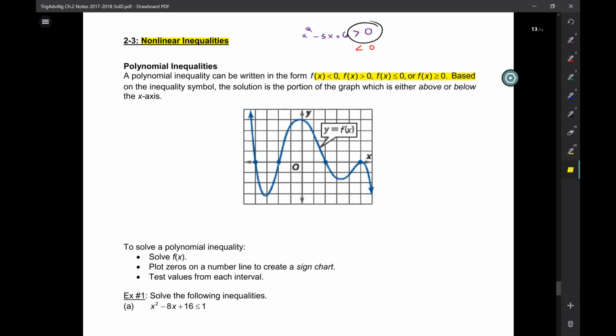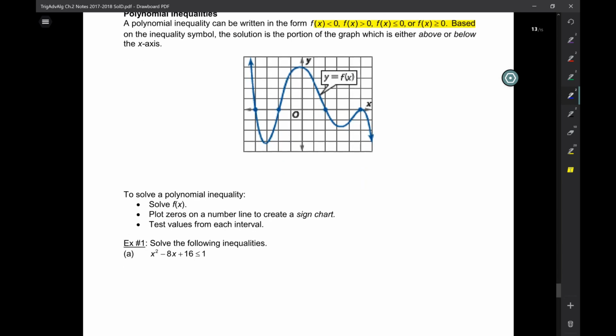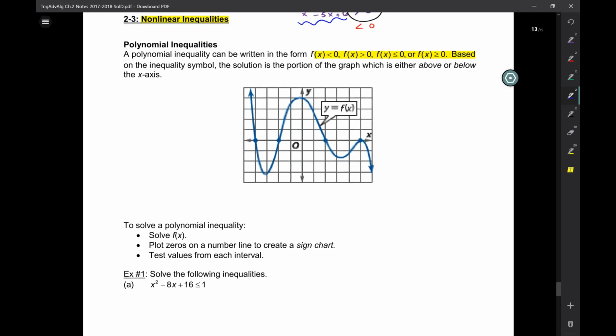Well, if you were to graph that expression or some other expression which is graphed here, this is a more complicated expression, something of a higher degree. What does it mean for the function to be greater than 0 or less than 0?